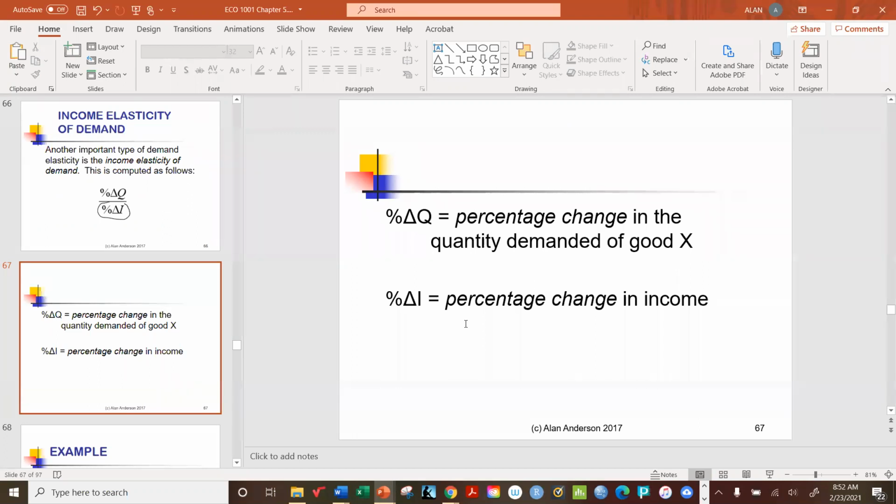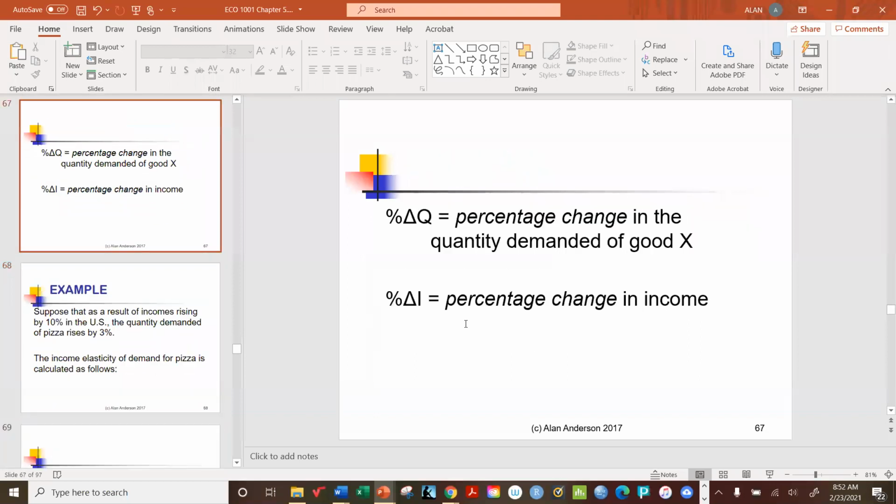Now, by the way, here it's a little bit different. We don't have to worry about that problem with moving along a demand curve. The percentage change can be calculated, for example, as, let me just show you how you would actually do this. And so here we don't have to mess around with the average because we're not looking at a demand curve.